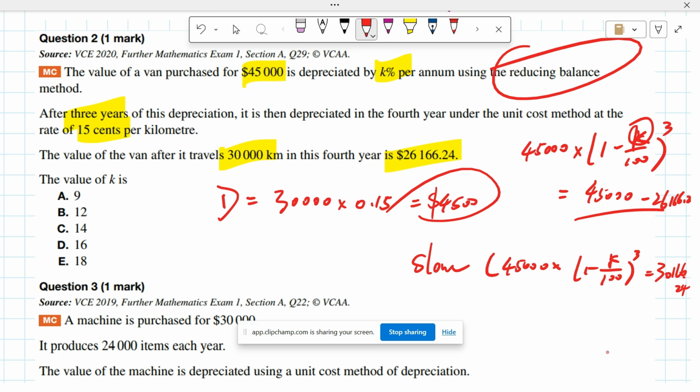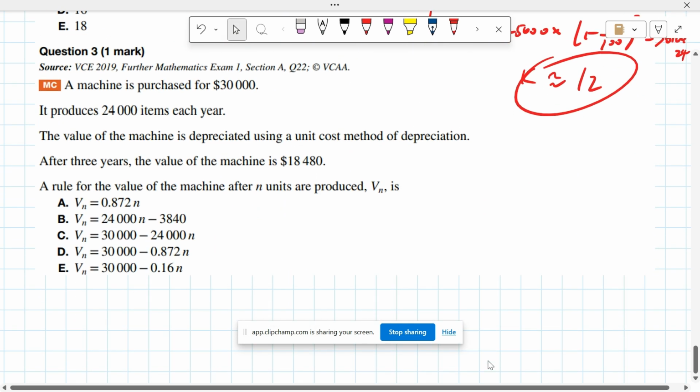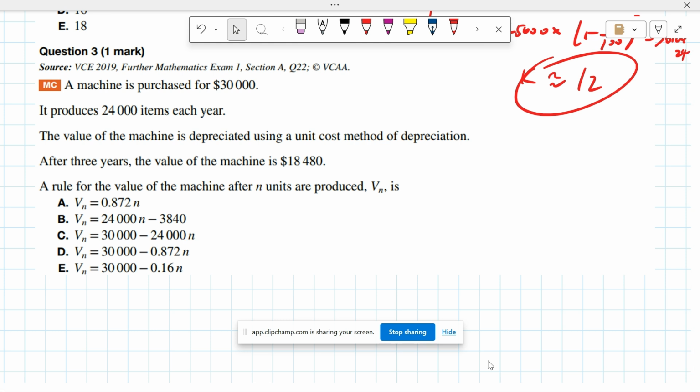Once we have that, we can figure out K is approximately 12, and that's your 12%. Hopefully that makes sense. Let's do one more, and finger crossed you understand this one as well.